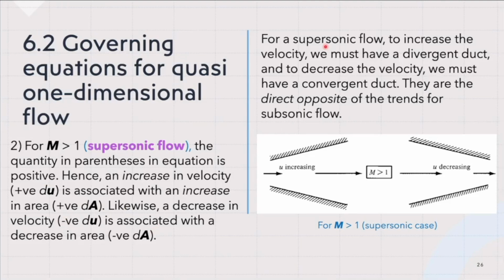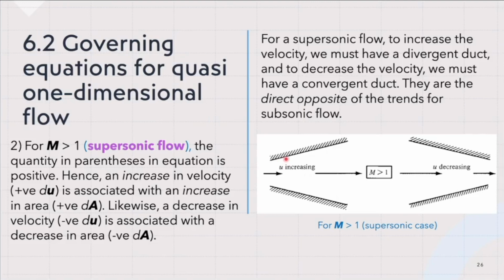For supersonic flow, where Mach number is more than 1, to increase the velocity, we must have a divergent duct. So if you are designing the intake for an aircraft for supersonic flow, to increase the velocity, you must increase the area.